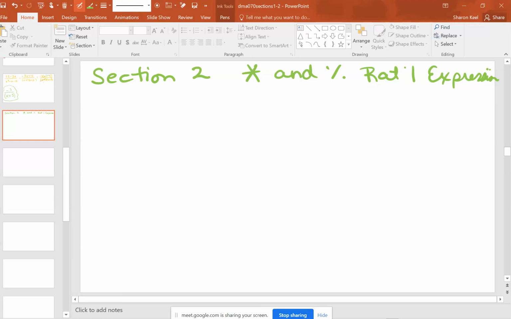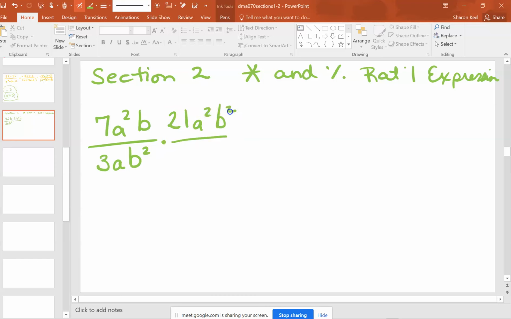Now, the first one or two I'm going to show you are on page 7-15. We have 7a squared b. When we do this, you're going to feel like you're taking DMA 60 again, because we're going to be reviewing those skills. You're not going to get away from what you did in DMA 60. But this is a review of that first section.